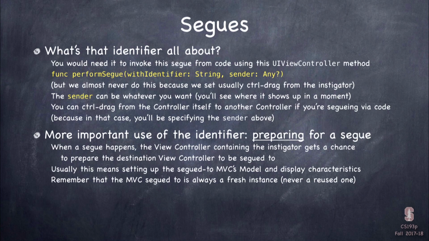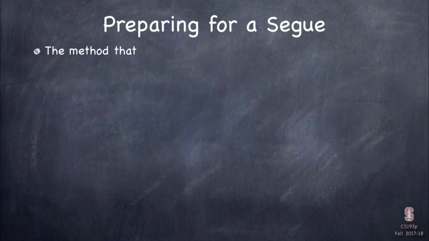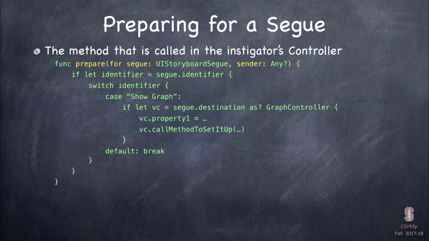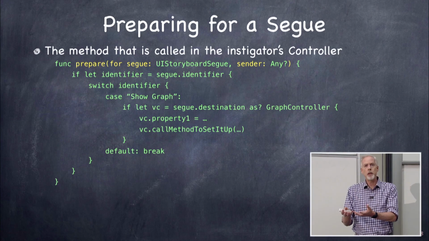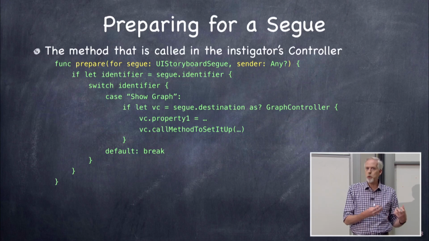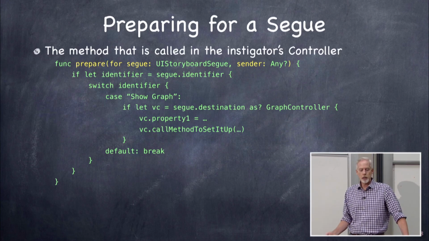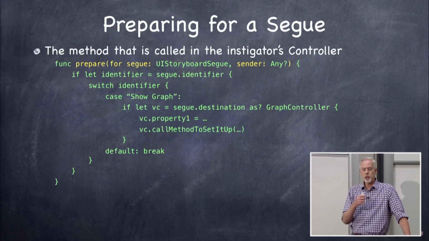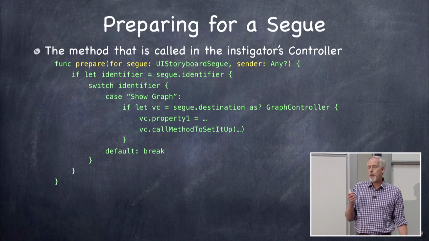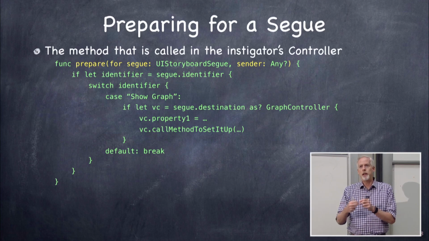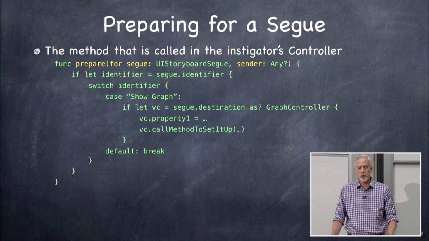Make sense? So we do that with a function called prepare for segue. This function is implemented in the MVC that is causing the segue to happen. It's obviously the only one who could prepare the new MVC to be ready to go. This is what that method looks like, prepare for segue. It has two arguments. The segue, which is a UI storyboard segue, mostly just has the identifier and also the MVC that we need to prepare, the MVC that it just created that we're going to segue to.